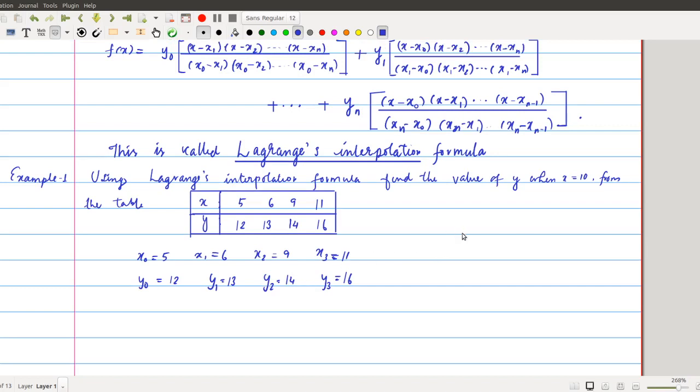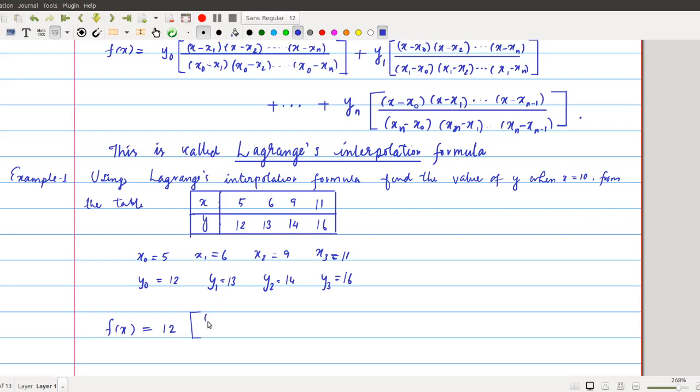So in order to define f of x, we use this formula: f of x equal to y0 times this one. So f of x is nothing but y0 times, what is y0 here? Y0 is 12, that is the first value, and that times we have x minus x1, x minus x2, x minus x3 first.